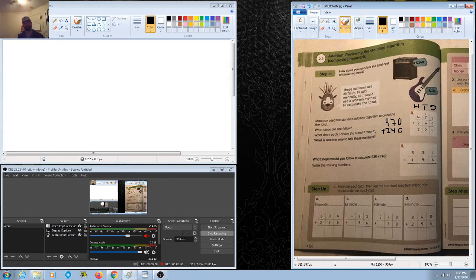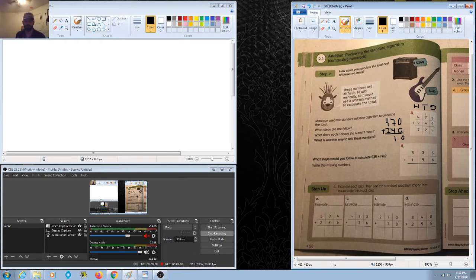So 470 plus 240 would be 0 plus 0 is 0, 7 plus 4 is 11, and again, this will show a little more concrete of what we're doing here. This 1 represents the tens place of 110, because 7 plus 4 is 11, but that's in the tens place, so it's like 70 plus 40, that's 110.